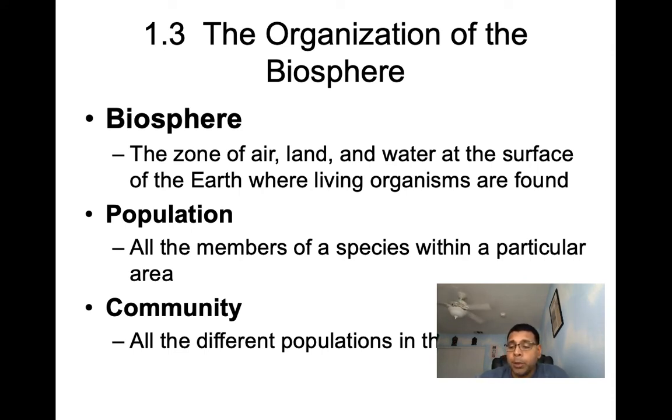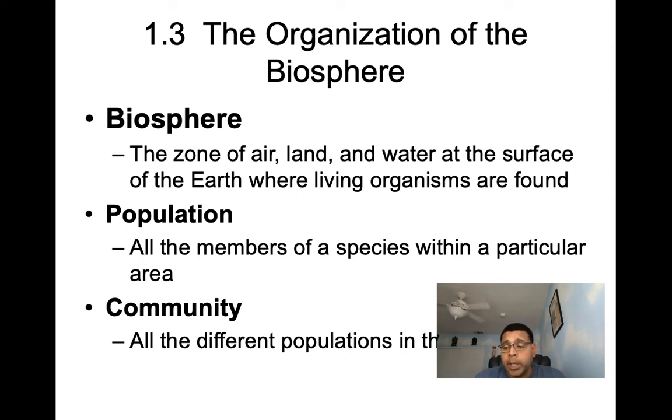So we move to 1.3. 1.3 takes us to the organization of the biosphere. I'd like you to know the organization of life extends beyond us individuals to the biosphere. When we talk about the biosphere, we're talking about the zone of air, land, and water on Earth where living organisms are going to be found.